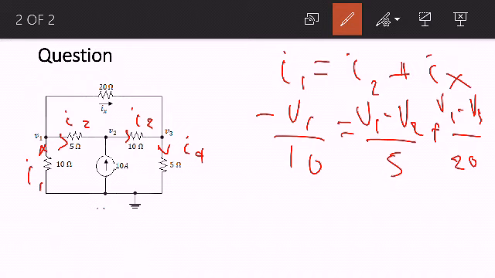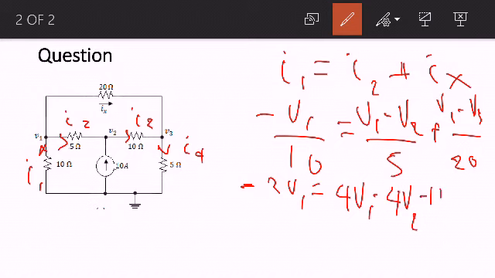If we multiply through by the LCM, 20, to simplify, we get minus 2V1 equal to 4V1 minus 4V2 plus V1 minus V3. This is a plus.